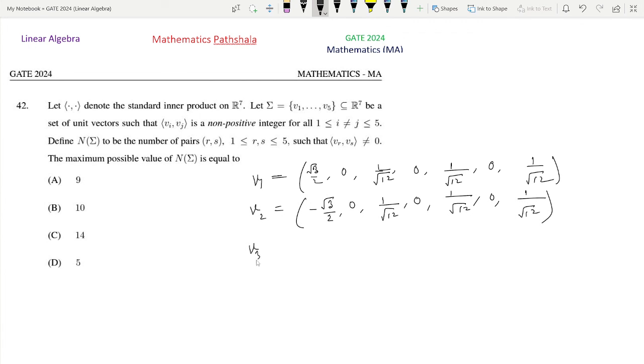We now write V3 equal to (0, 0, minus root 3 by 2, 0, 1 by root 8, 0, 1 by root 8).